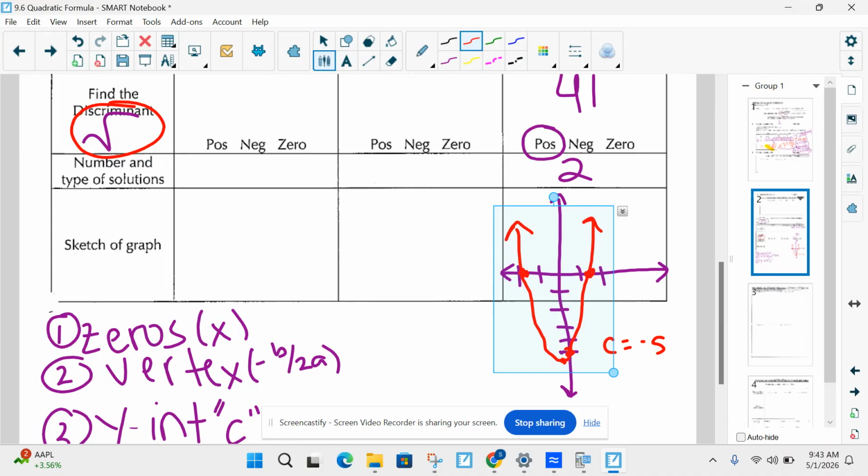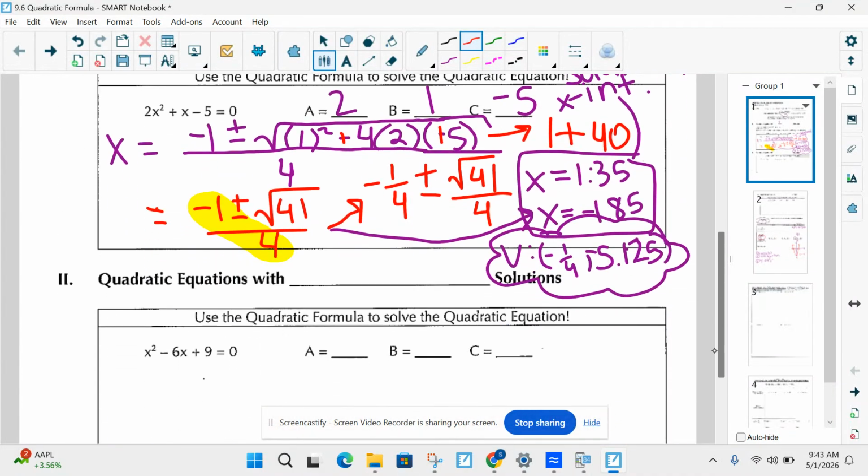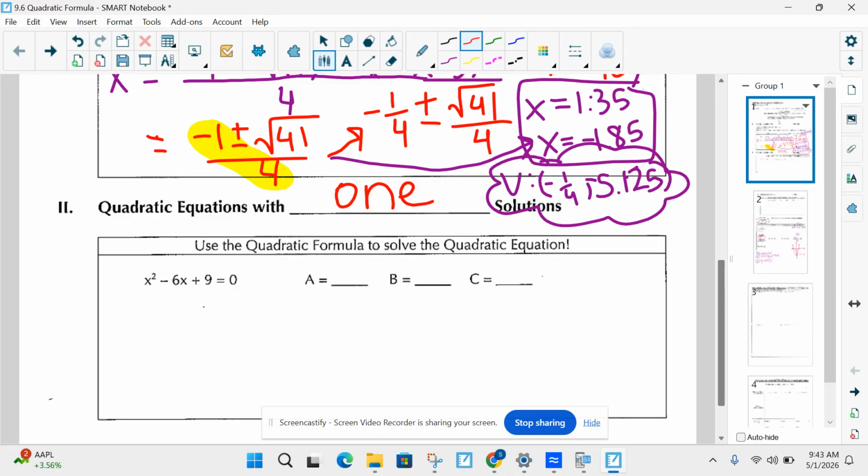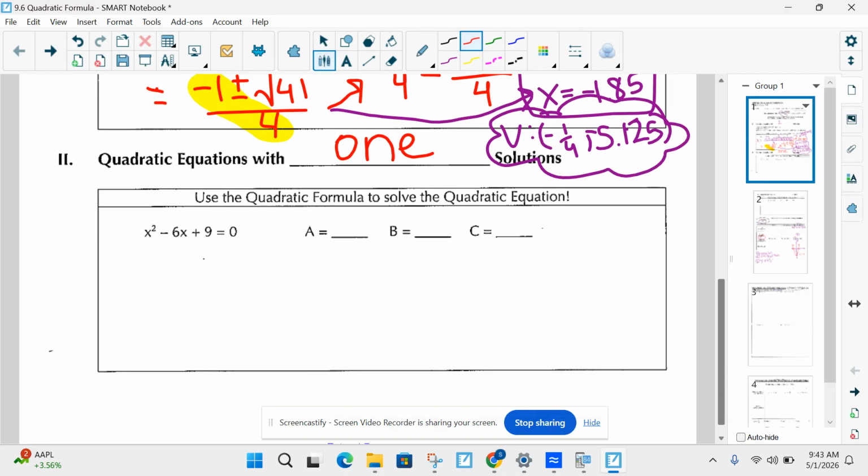All right. Go back to the other page, and now we're going to do the second one, where you only have one solution. So this equation can be: the A is -1, the B is -6, and the C is 9. So then we're going to use our quadratic formula.